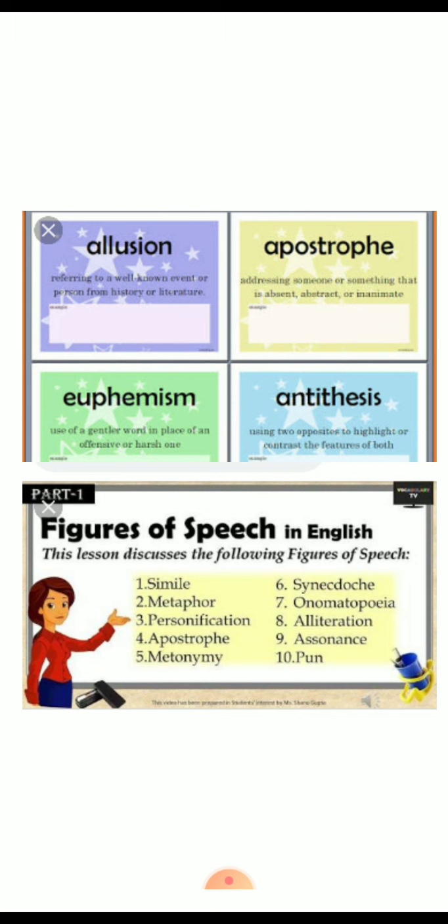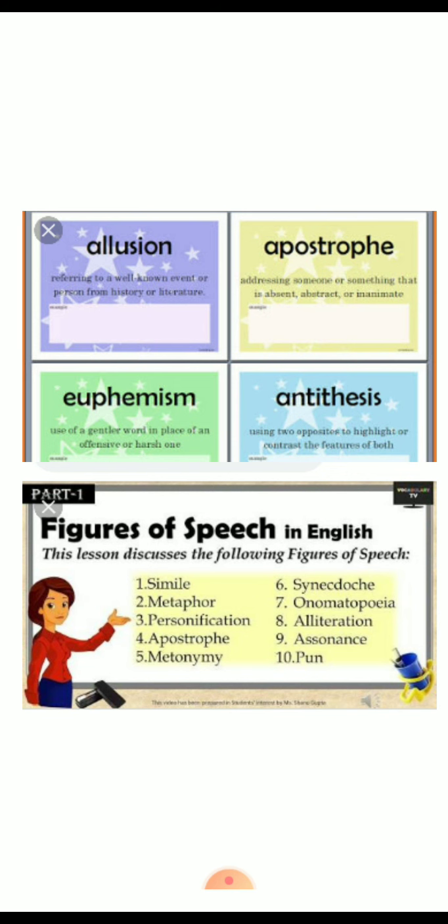Now, today is the second online class with class 12, and as I started that day with figure of speech, and I have given the definition and some examples of figure of speech, and I defined it as well.